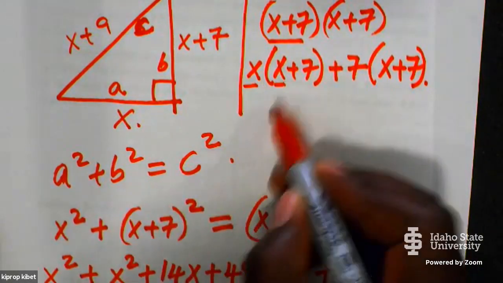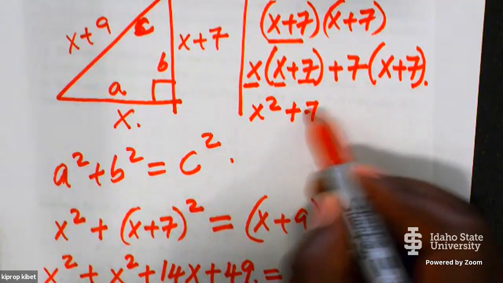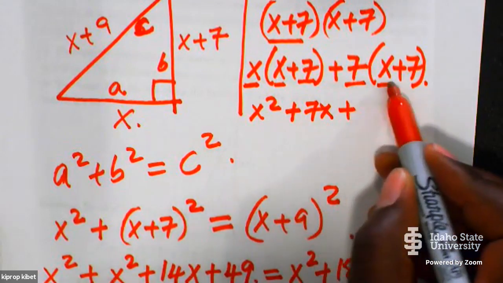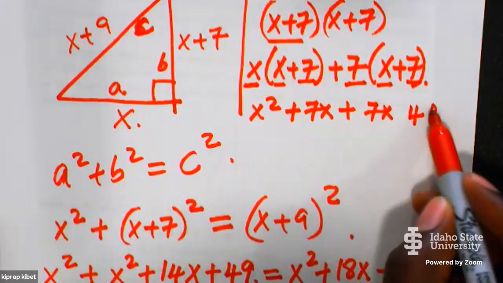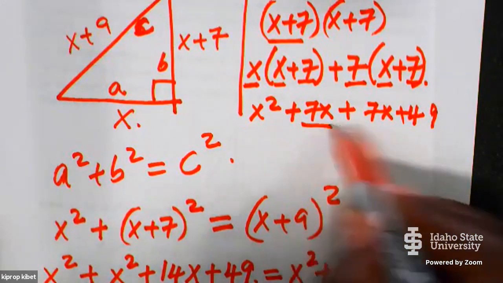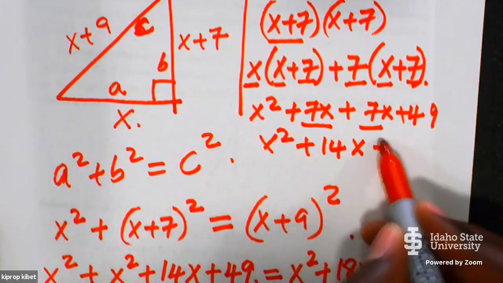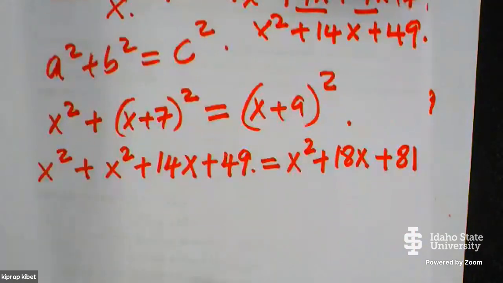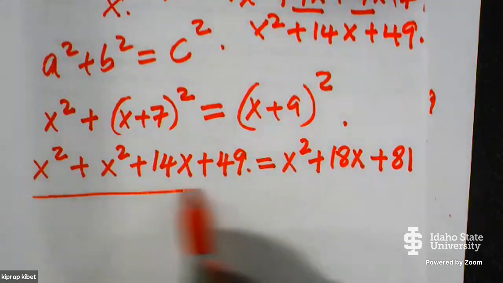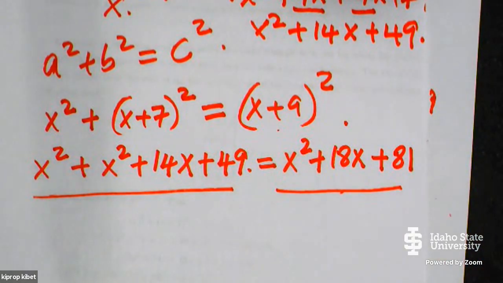This and this, you get x squared, plus 7x, plus 7x, and 7 times 7 is 49. So this is x squared plus 14x plus 49. Okay? So it's the same thing for x plus 9.